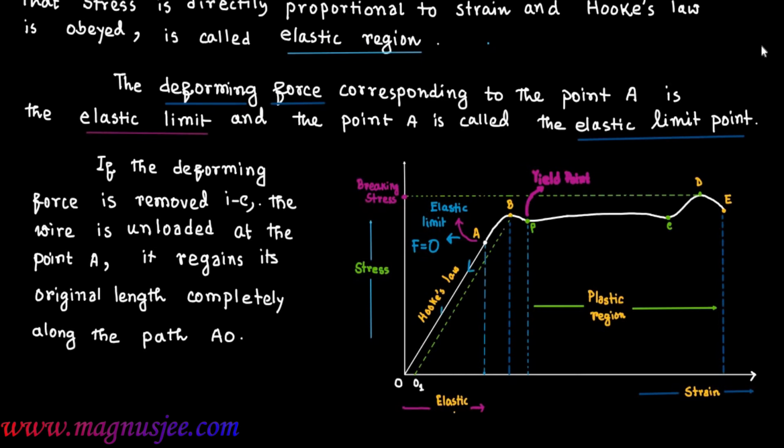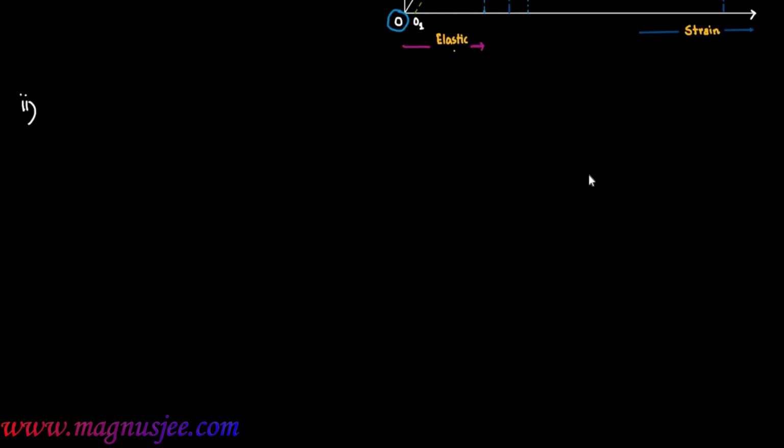At the point A, if the deforming force is removed, meaning F equals 0, the body will regain its initial configuration along AO and there will be no deformation.